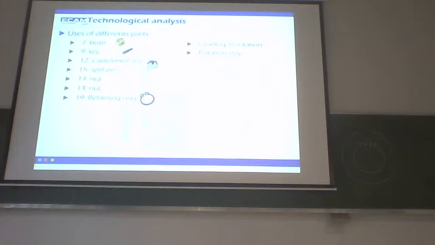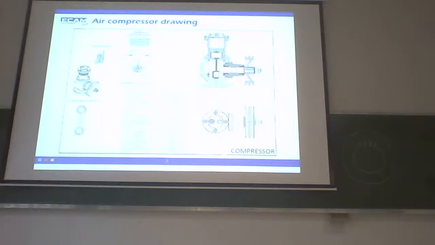So the key 9 will stop the rotation between the pulley here and the shaft, the crankshaft here. 9 is here, and by this key we stop the rotation of the pulley with the shaft.